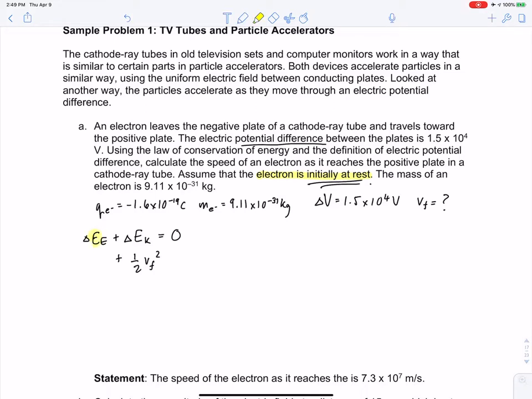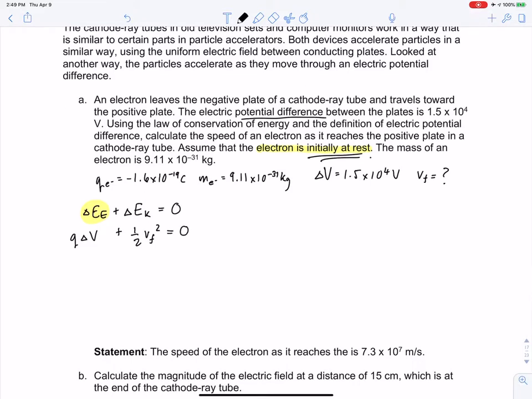And we can write in our equation for the change in potential energy, which is Q times delta V. Okay, so we want to solve for V final.